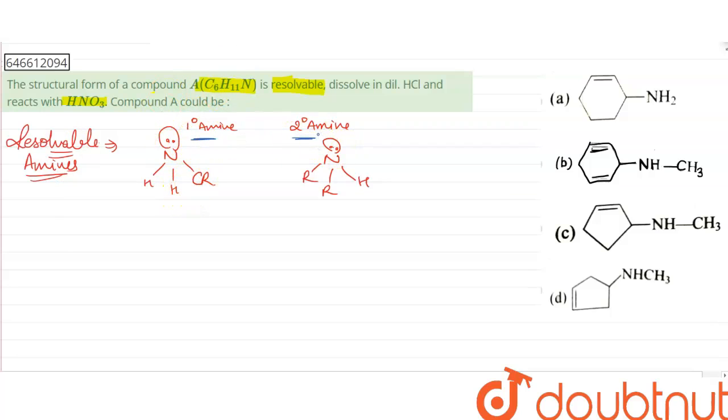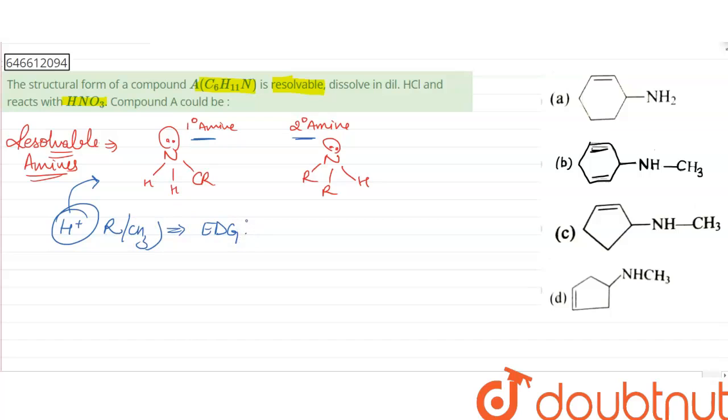Now we have to select which of the amines might be present here. They have said that it is dissolved in hydrochloric acid and HNO3. The common thing about acids is that they give H positive ion. So the compound will accept this H positive ion. We know that this R group, or CH3 group, are both electron donating groups.